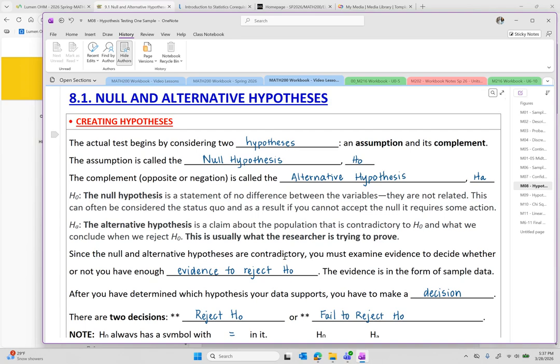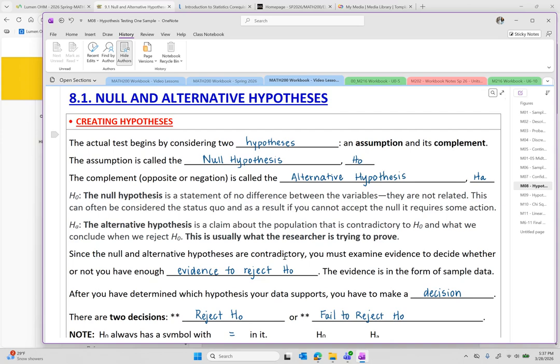And the complement, which is the opposite or the negation, is called the alternative hypothesis and it has the symbol H sub A. The null hypothesis is a statement of no difference between the variables, they are not related, and this can often be considered the status quo. As a result, if you cannot accept the null, it requires some action.